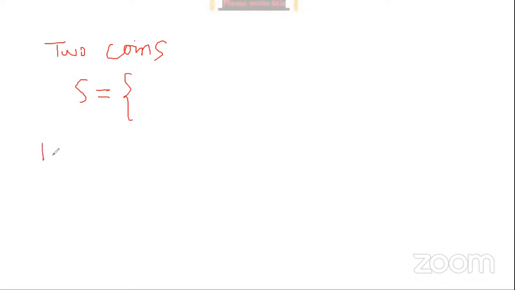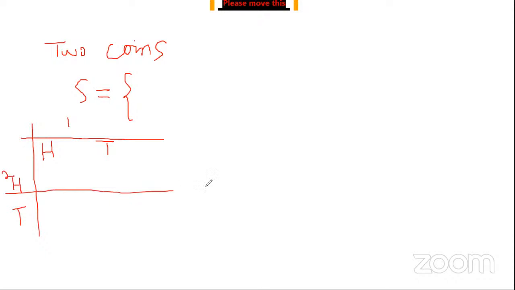Okay, so we draw. So we have head here and tail. We call this one our first coin. Then we have another head here and another tail for the second coin. Then we now fill this table here.